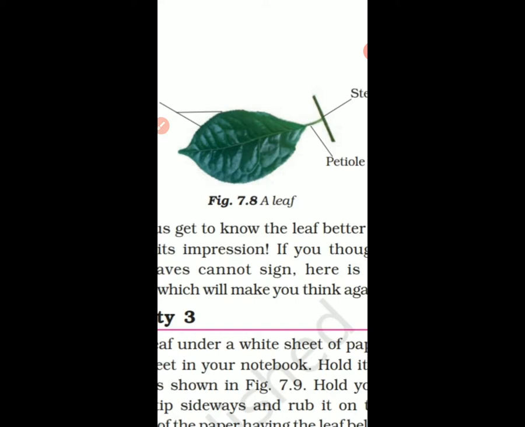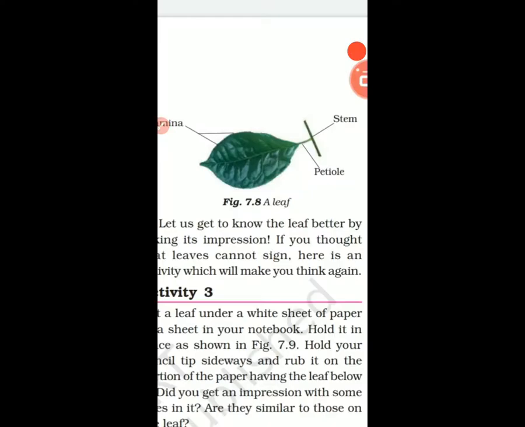What is the stem? The stem is the portion by which the leaf is connected to the plant, right? Then the petiole. What is the petiole?